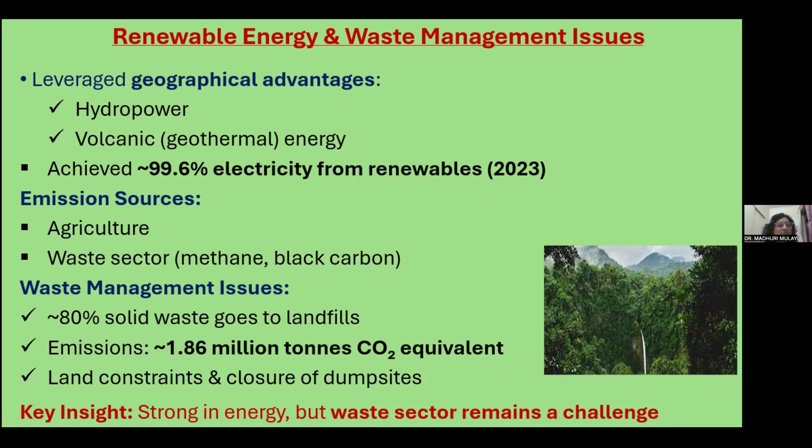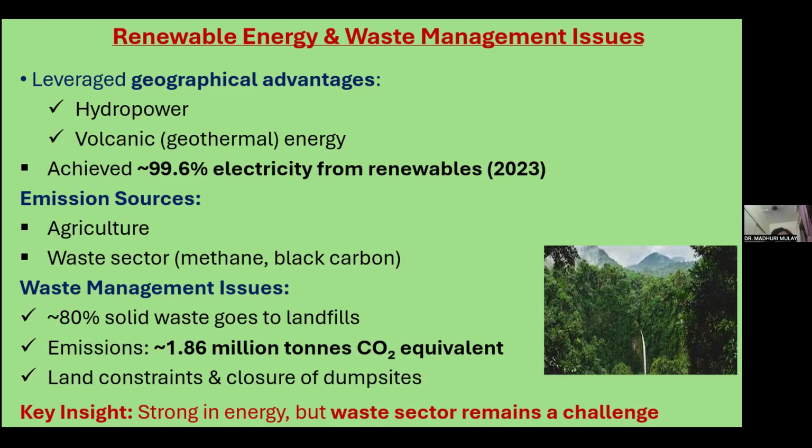So the emission sources are agriculture and the waste sector. Waste management is a major problem in Costa Rica, and because of that, methane and black carbon were being emitted into the atmosphere. So on waste management issues, 80% of solid waste goes to landfill sites.